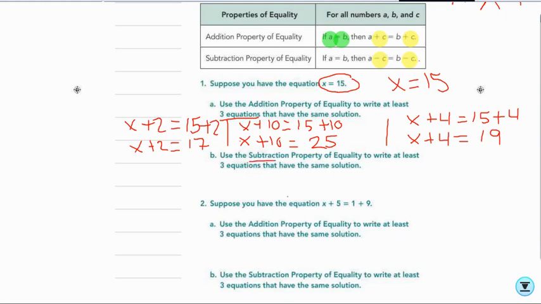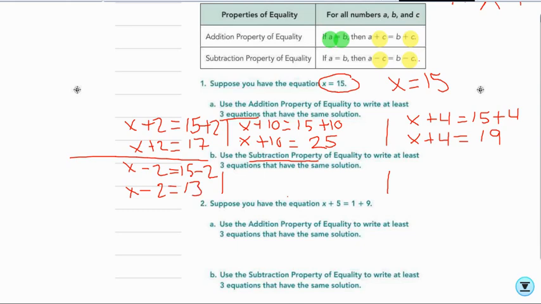Part B says to use the subtraction property to write at least 3 equations. So let's do the same thing that we just did. I could write something like x minus 2 equals 15 minus 2, which would be the same as writing x minus 2 equals 13.